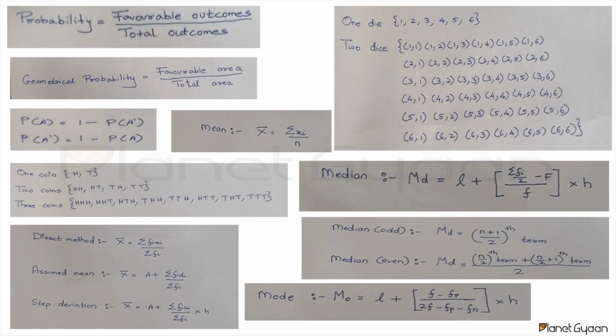You have the probability formula, geometrical probability formula, complement formula, then the sample space for one coin, and on the right hand side you will see the sample space for dice, 2 dice, 1 die. Then a couple of formulas for your statistics like mean, median, mode, and some methods like direct method, assumed mean method, step deviation. These are the things which will be there in your data analysis chart.